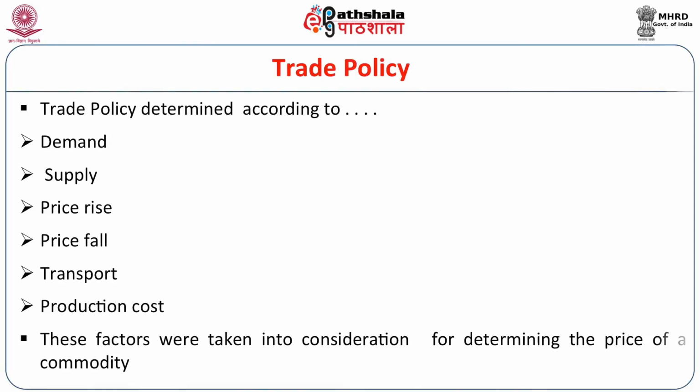So, how far demand was there, how much supply was there in the market, whether the commodities' prices fell or went up, whether transport facilities were there, and how much the production cost was. All these factors were taken into consideration so that trade policy could be determined successfully.